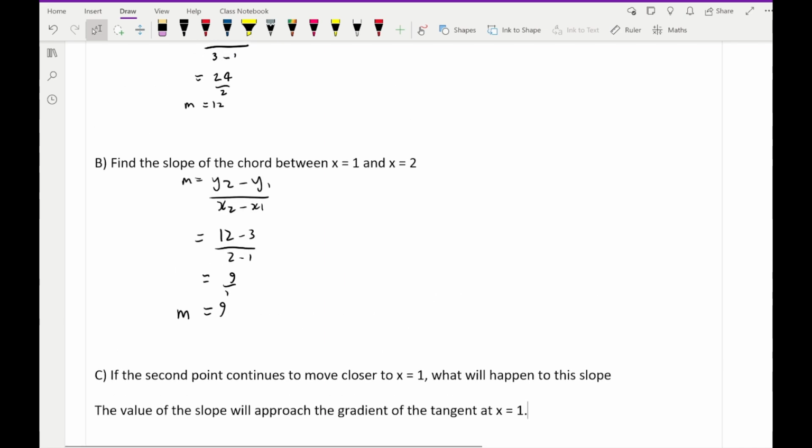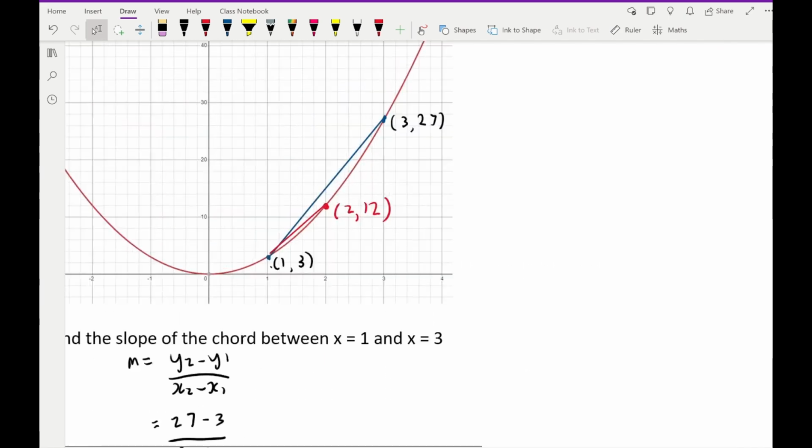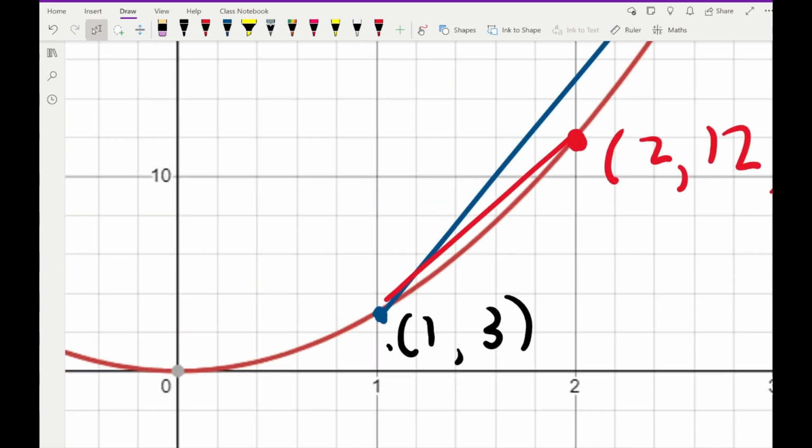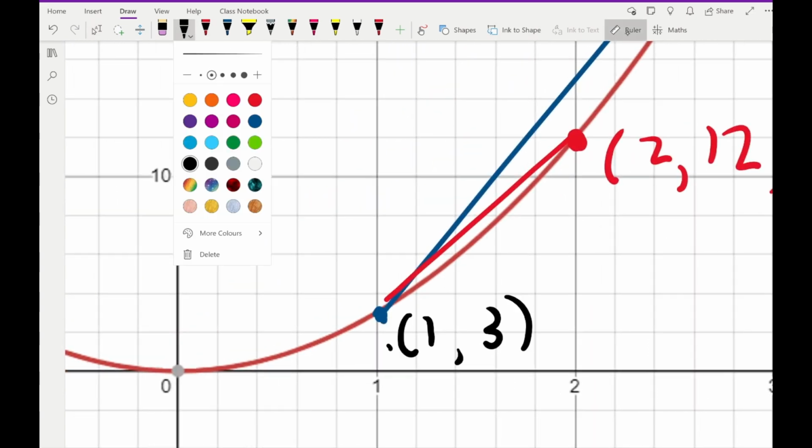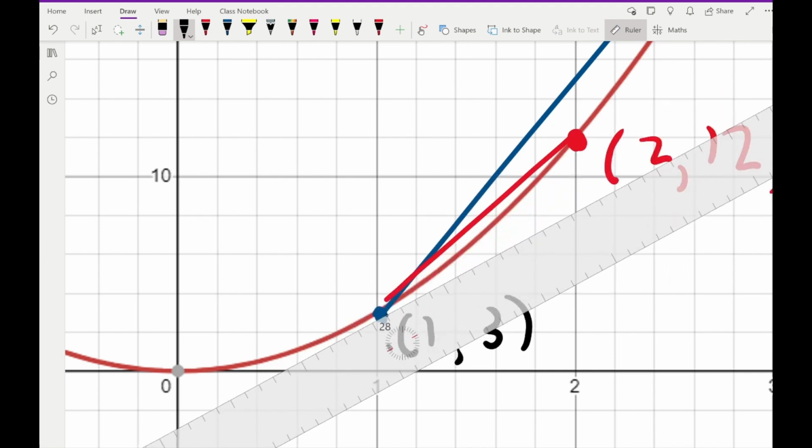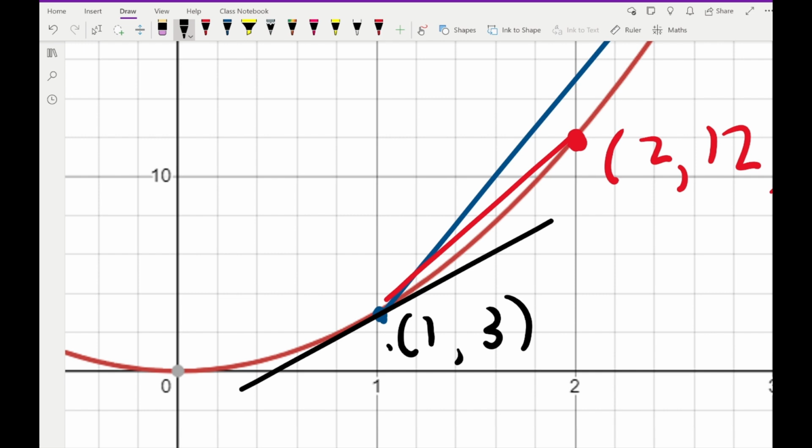So we can see it's getting smaller and eventually it'll level out at whatever the slope is when I take a tangent. Now, what's a tangent? A tangent is the line that just touches x equals 1, but doesn't go through it. Tangent at x equals 1.